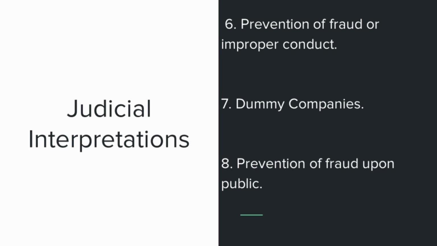Lifting the corporate veil means ignoring the separate entity of the company, where the company is formed to deceive or defraud. The court will lift the corporate veil and look into the ownership of the company.